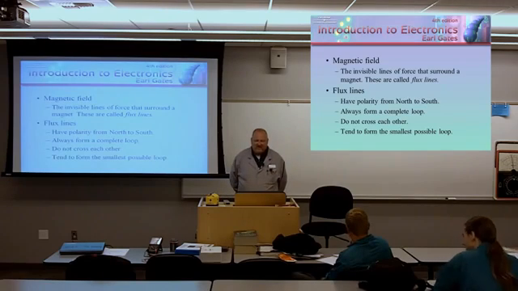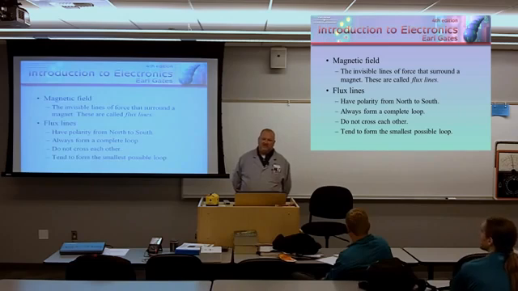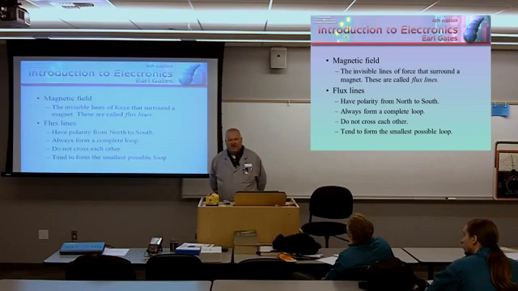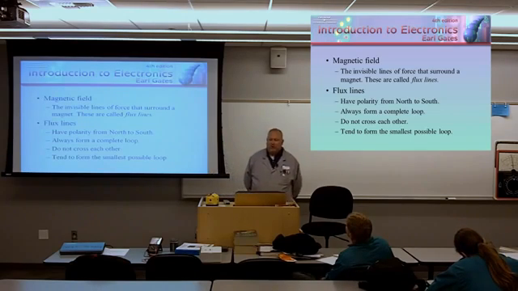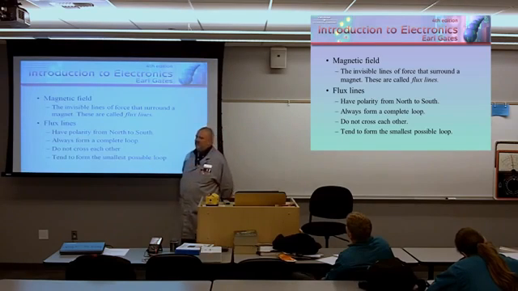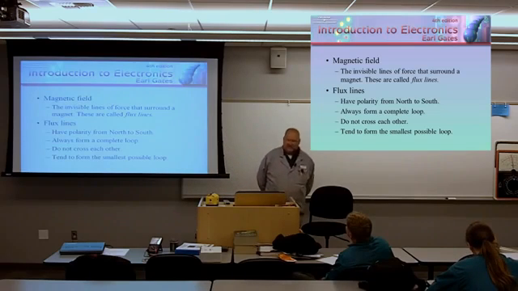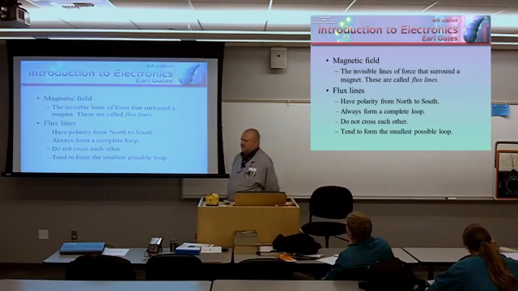Now a magnetic field, this is kind of where you got to hit the I believe button, right? It's invisible lines of force that surround a magnet. These invisible lines are called flux lines. We've got to be careful because those of you in ELEC 115 are learning about flux, right? It's a different kind of flux. There's two types of flux in electronics.